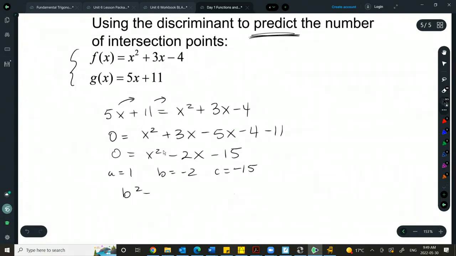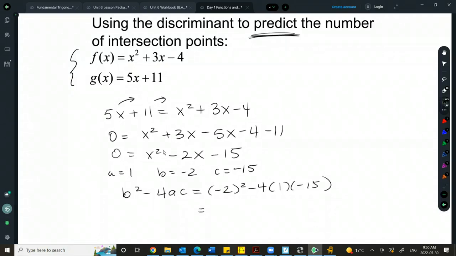So I'm going to plug in b squared minus 4ac. Which will give me 4 plus 60, which will give me 64.